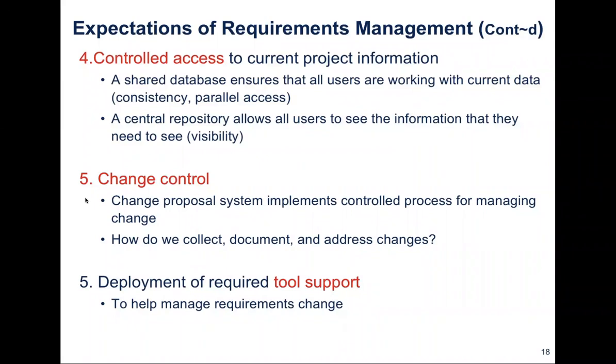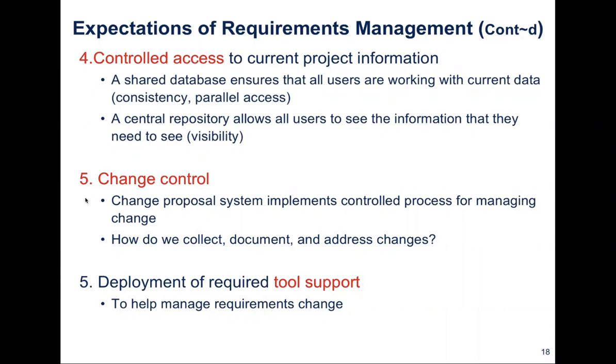So we did traceability, we did impact assessment. Now we should have a control access to the current project information, which is more or less like databases or a repository of what we actually have for requirements and other system elements. And now, after all of this information is collected, we need to provide an action to the change in the requirements.